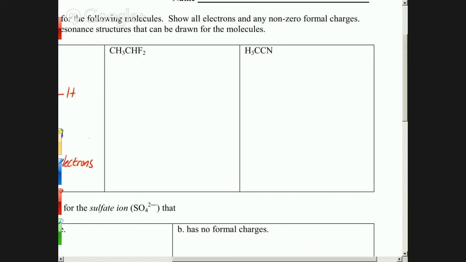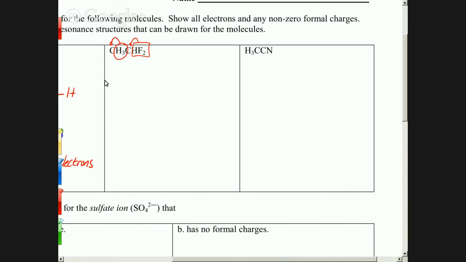So before we even, well, we can still come up with our electron numbers and all that kind of stuff. Or we can use a little bit of a shorthand and try to see how this is connected. So these 3 hydrogens must be connected to this carbon. That's what CH3 tells us. And then these things must be connected to this carbon. The way we know that is we know that those things are next to that carbon, and we know that hydrogen has to have 1 bond, and that fluorine also usually is connected to 1 bond.